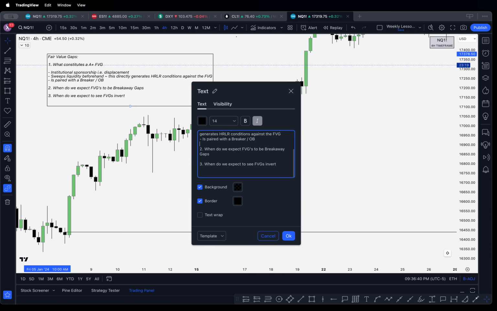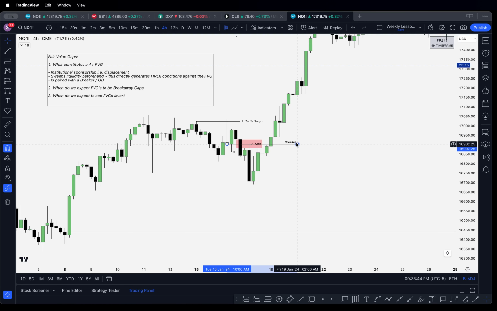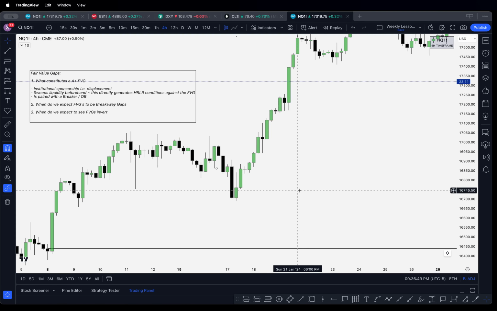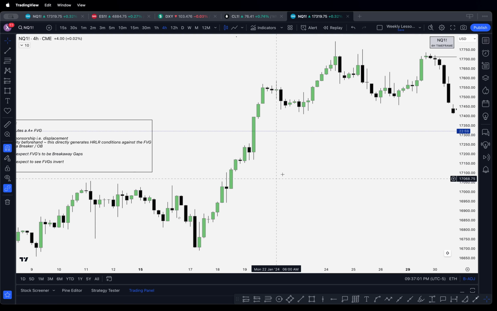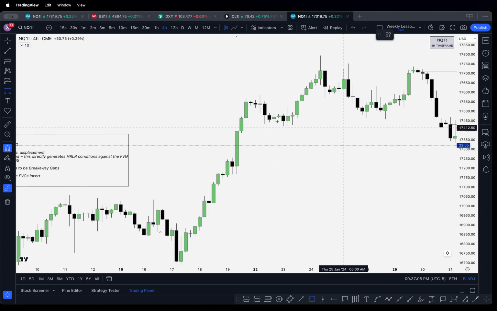So you're going to find that lots of times, fair value gaps don't have breakers and order blocks attached to them. Let's look at some examples of that. Here's an example of a fair value gap that has a breaker attached to it, right? Right there. No order block. Still a good fair value gap. What about this one right here?